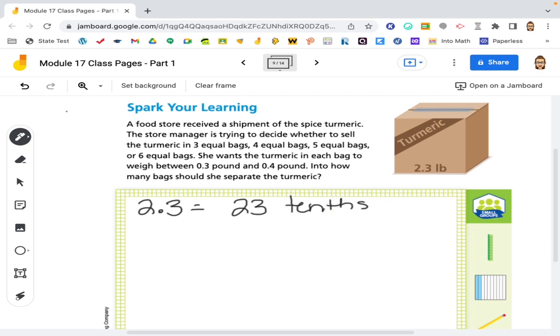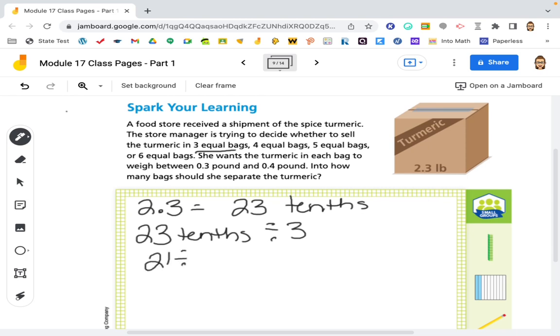So if I want to divide 23/10 by, we're going to try each size bag, so 3. But we're going to use compatible numbers. Well, my multiples of 3 that 23 falls between are 21 and 24.